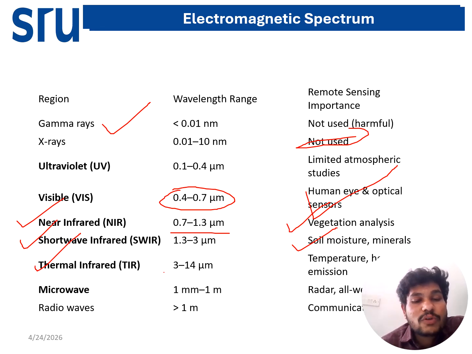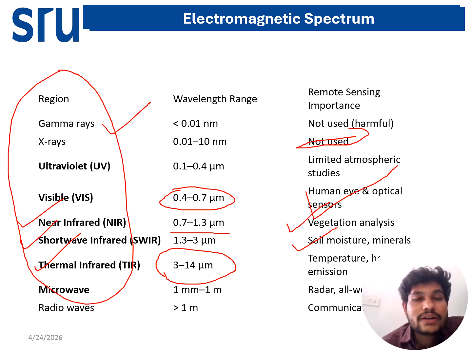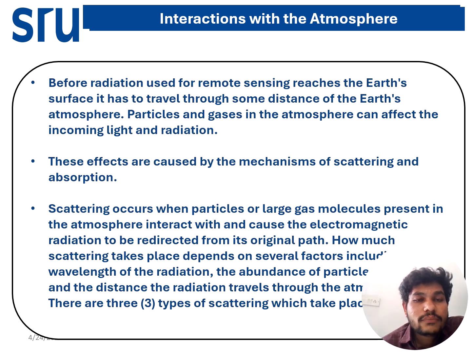Thermal infrared, 3 to 14 micrometer, is used for temperature and heat measurement. And the microwave, most important, has a wavelength of 1 mm to 1 meter. So these are the different regions present in the electromagnetic spectrum.